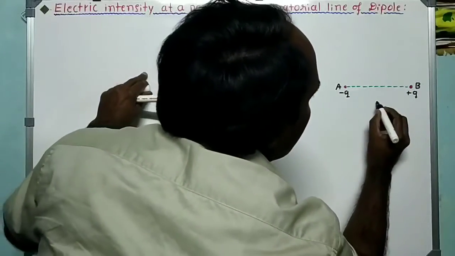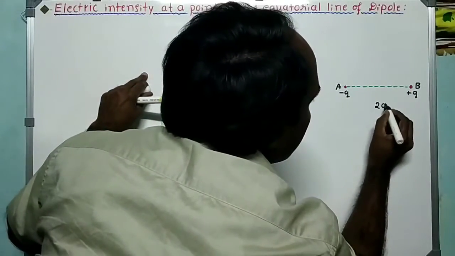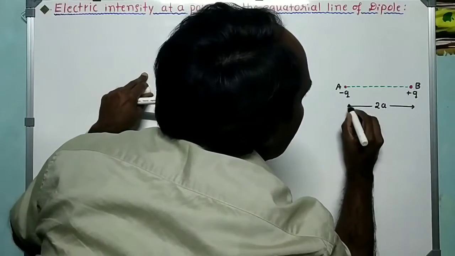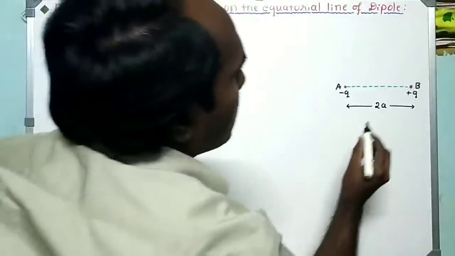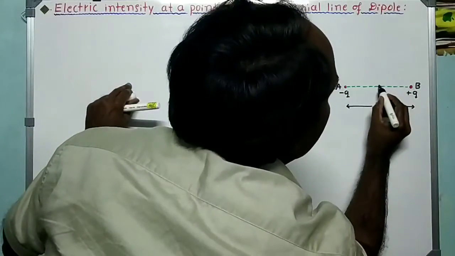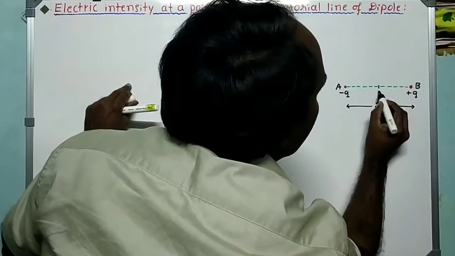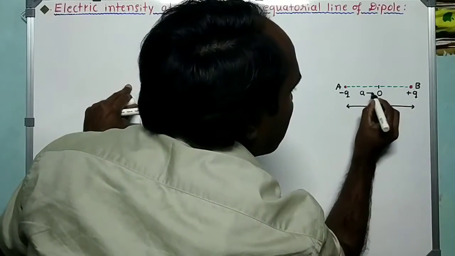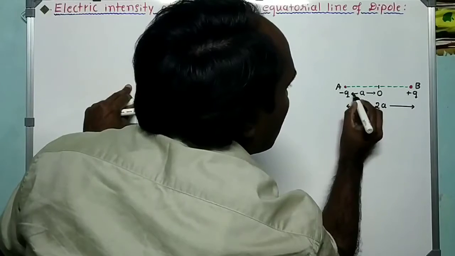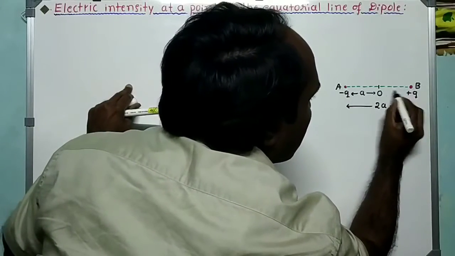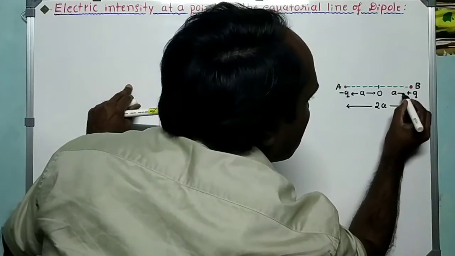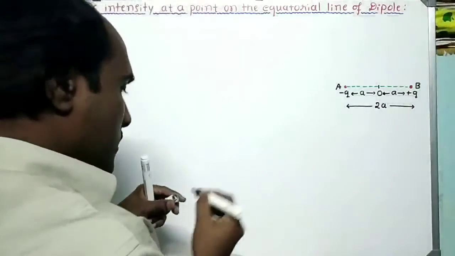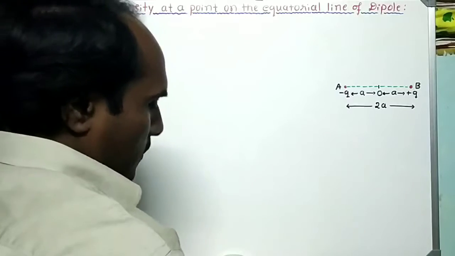Now 2a is the dipole length of the electric dipole. Getting the idea? This is the center O of the dipole. Hence AO is a and BO is also a, and this becomes 2a. This is our electric dipole.